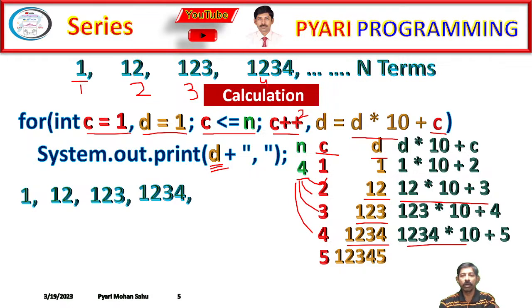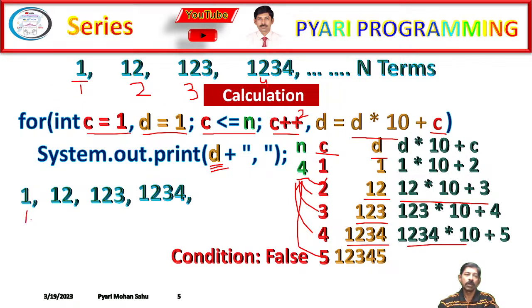After that condition, 5 is less than equals to 4, false. Now I will come out of the loop. So this is my first term, this is second term, this is third term, and this is my fourth term. We'll wind up over here.